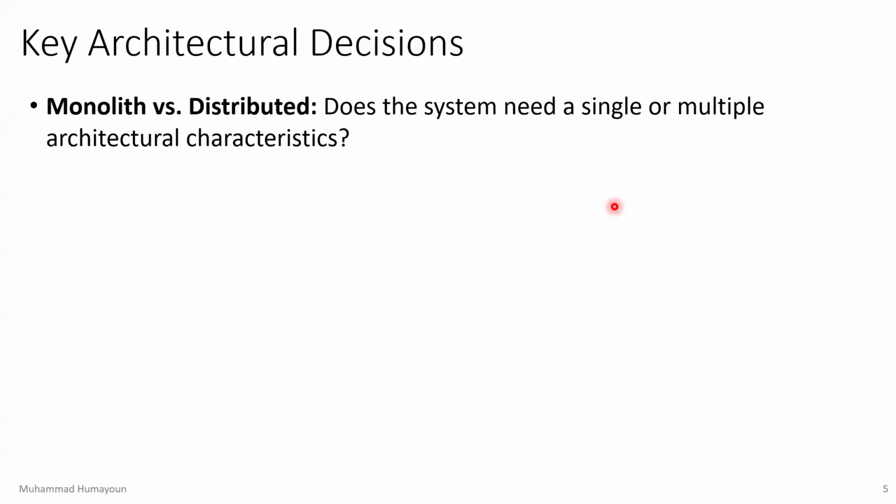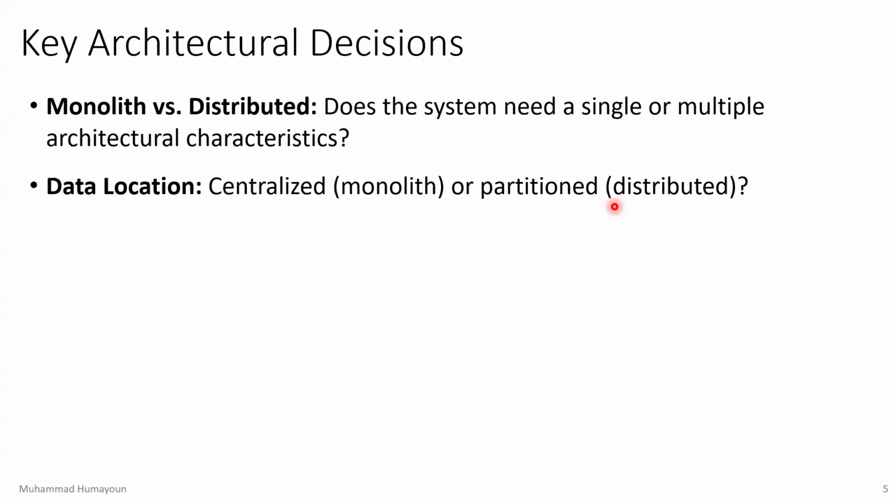You also need to decide, are you going for a monolith or a distributed architectural style? You have to decide that. And once you decide that, where you're going to put your data: centralized in case of monolith, or partitioned in case of distributed. In case of microservices, as you saw, the database is also partitioned within each microservice.